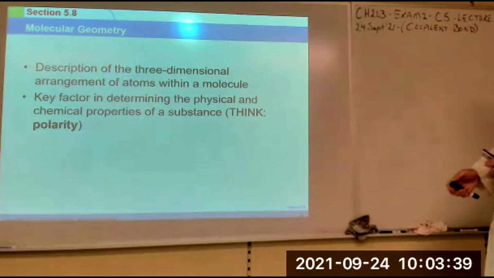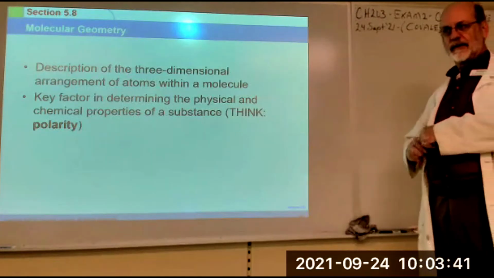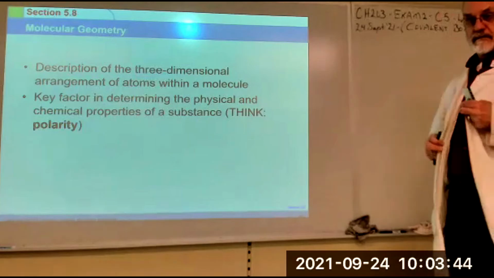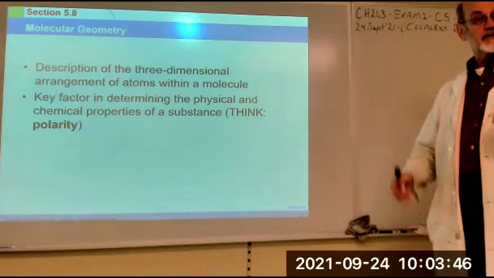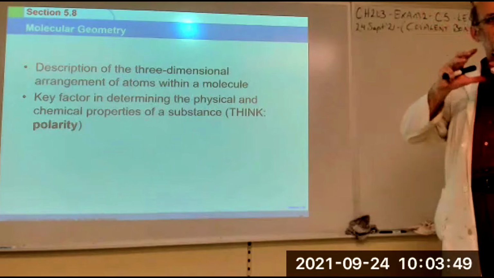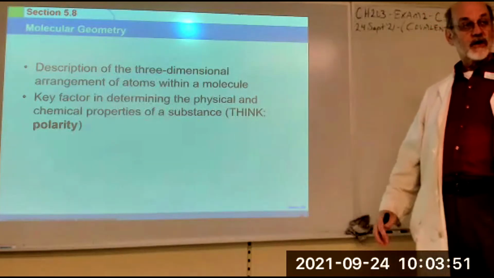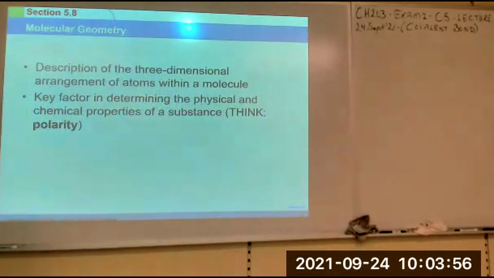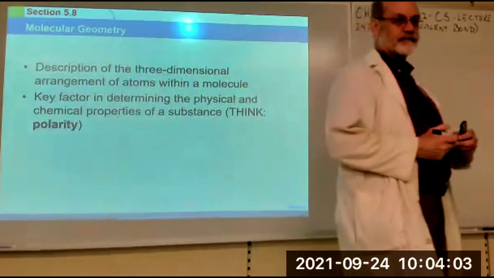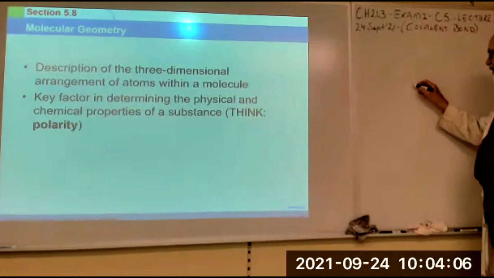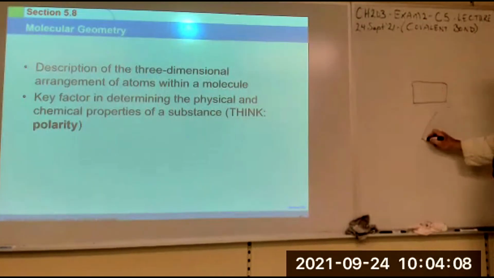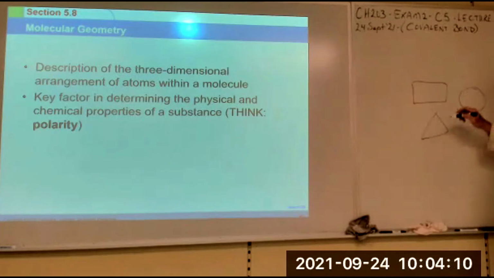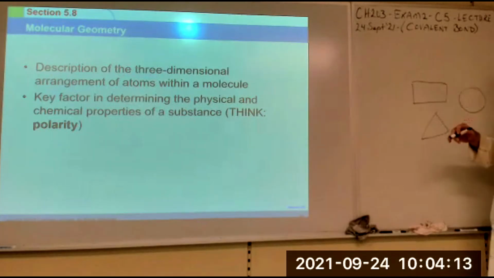All right. Molecular geometry. What are we talking about? Well, it's a special kind of geometry. It's like, what's the spatial orientation of everything in the molecule? What does it look like in 3 dimensions? We've gone beyond plane geometry, right? Parallelograms, triangles, circles, things like that.